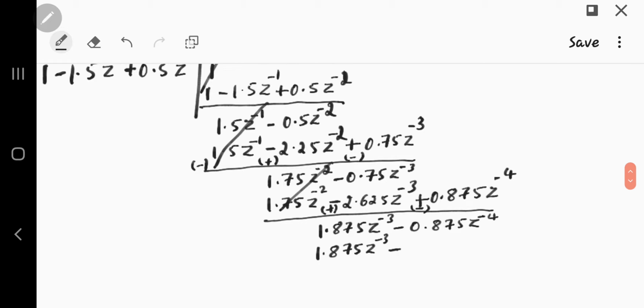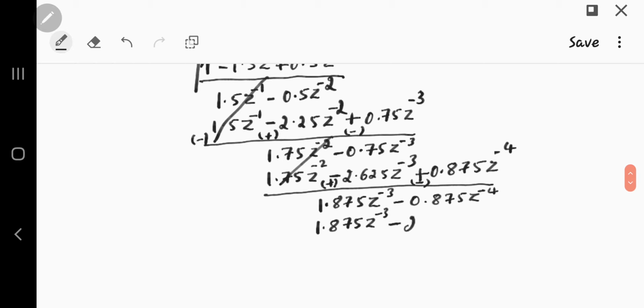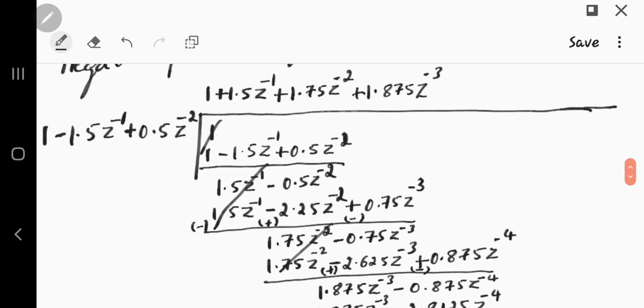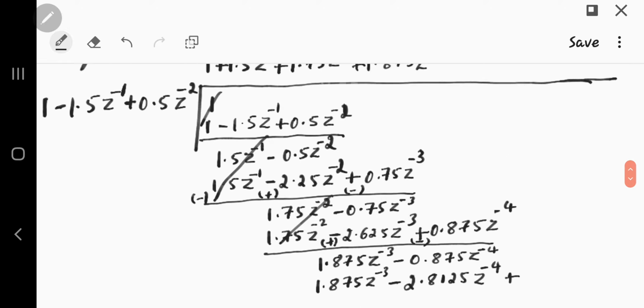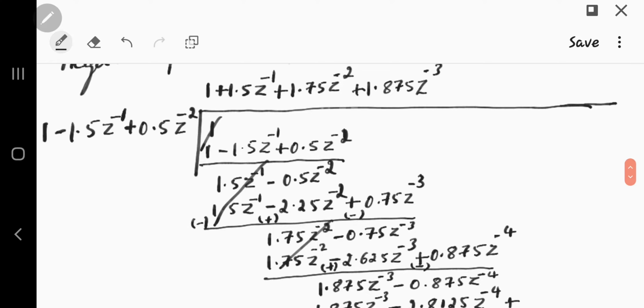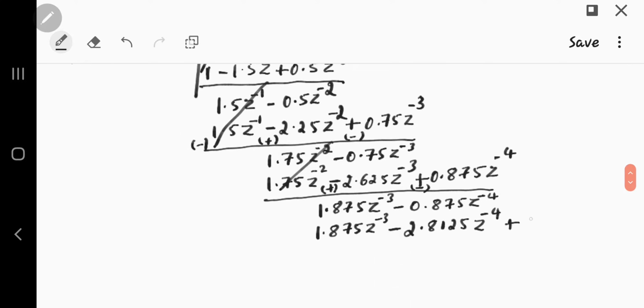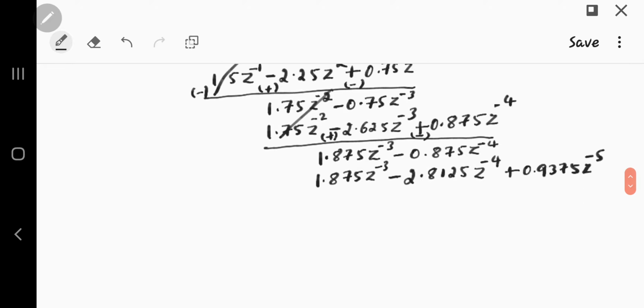So that should give you 2.8125 Z to the power of minus 4, because we have Z inverse and Z to the power of minus 3 there, plus 0.5 Z power minus 2 into 1.875 will give you 0.9375 Z to the power of minus 5.